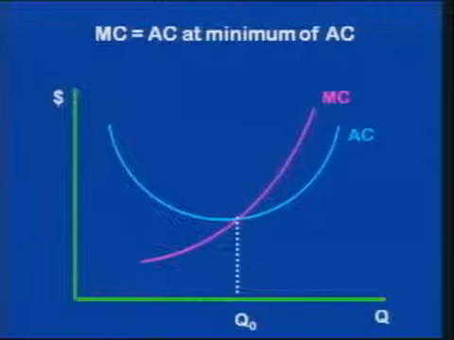It should increase production until here, where the minimum of the average cost intersects with the marginal cost. Okay? So it does not mean the firm has to produce Q0. It might produce here, or it might produce here. It depends on the price of the product.